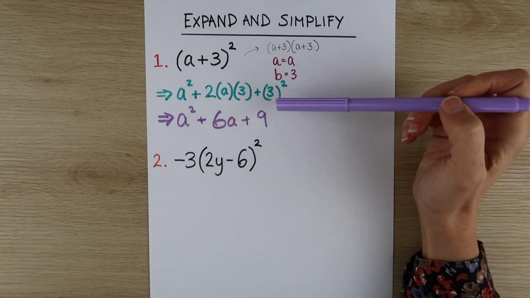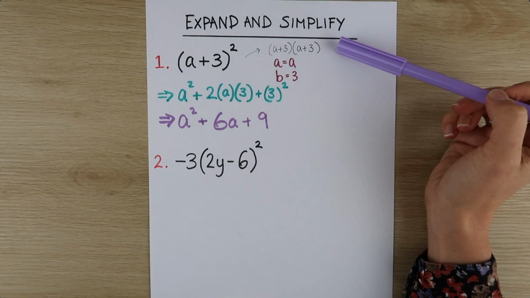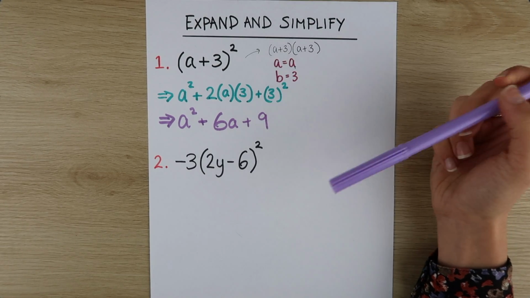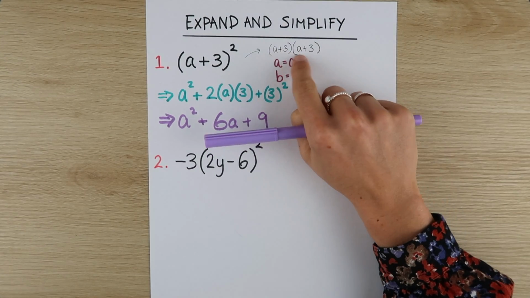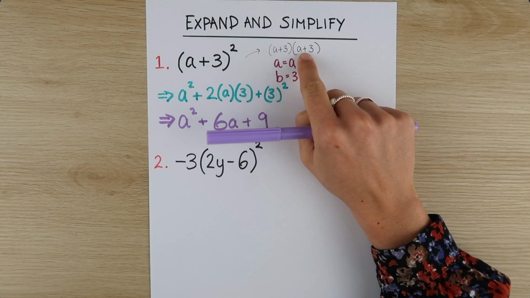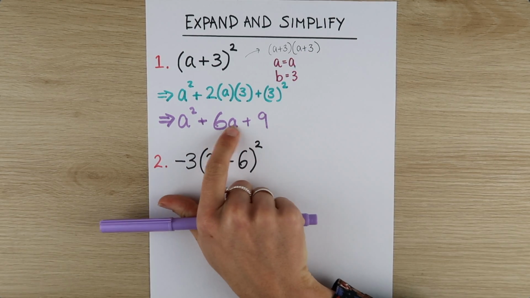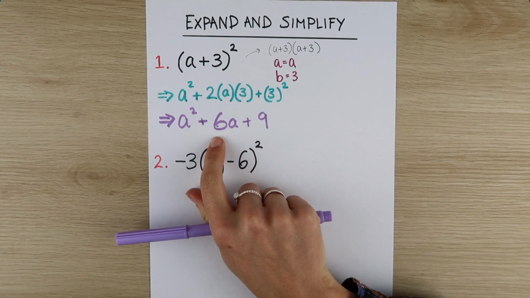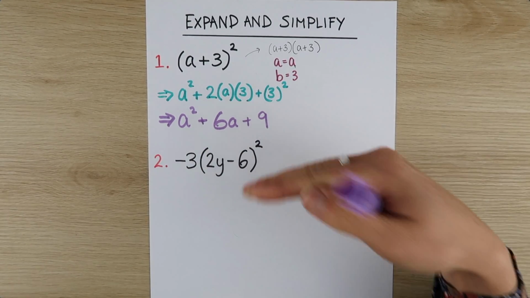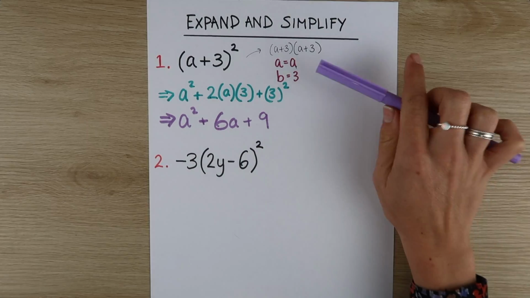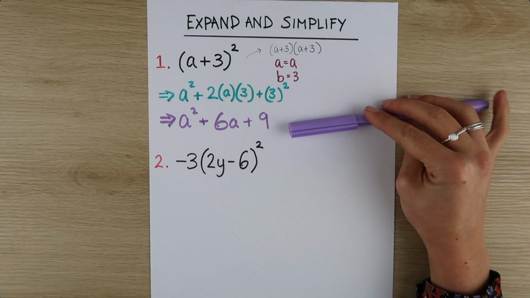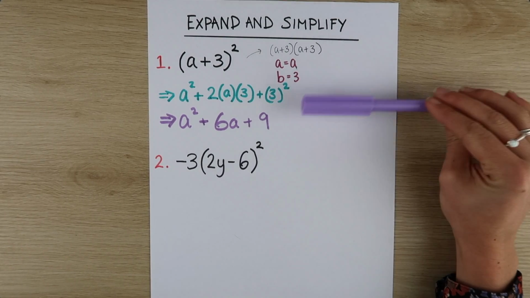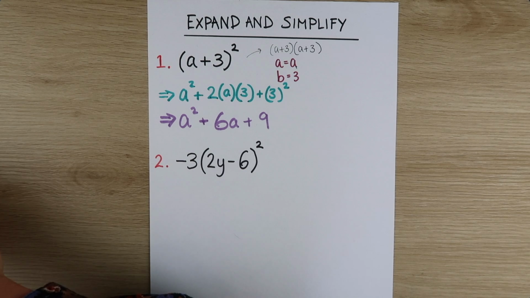As you can see, that's a much easier step than multiplying this all out and then simplifying it. If I was going to expand this, I would end up with the exact same value here. However, I would have had to have simplified it in an extra step. This is why the perfect square rule is really fantastic to use, because it's straightforward and it's quicker.